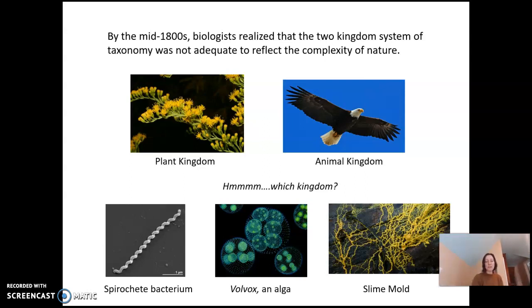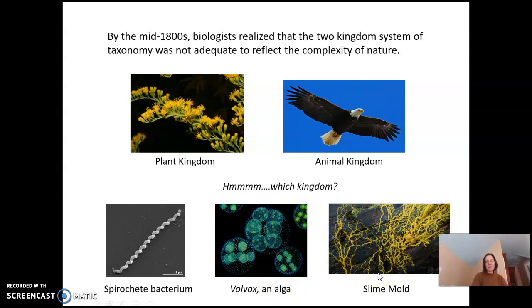But then we get into things like microscopes, and in the mid-1800s, microscopes were developed and we could see tiny objects. This is a little bacteria, which is being visualized here with a very modern microscope. These are large microscopic organisms and algae and slime molds.